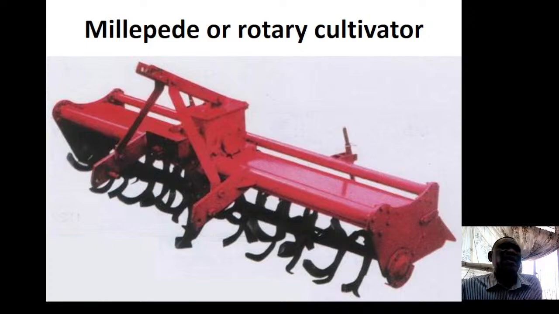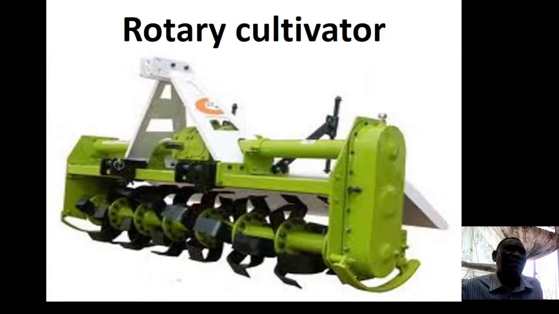This is the millipede or rotary cultivator. This is tractor drawn. It can remove weed seedlings using those knives which rotate. Again rotary cultivator.